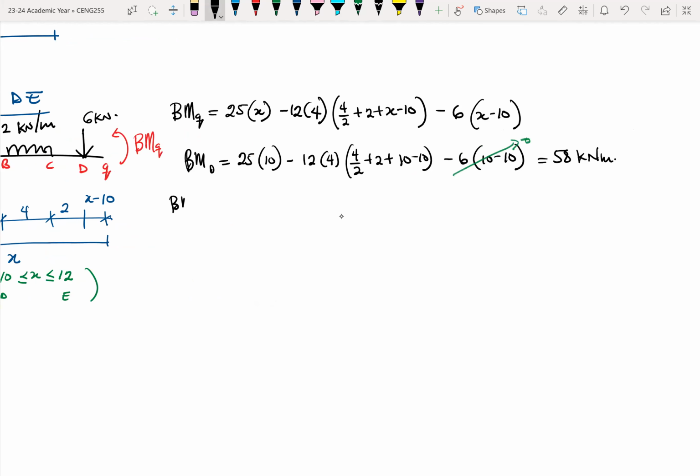The bending moment at E, which is the last one, will be 25 times 12 minus 12 times 4, then bracket open, 4 over 2 plus 2 plus 12 minus 10, then minus 6, 12 minus 10.